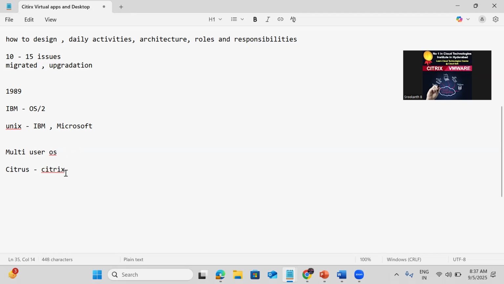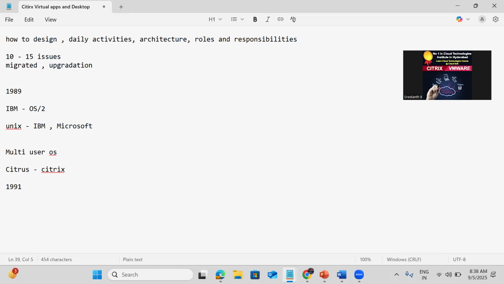Making a multi-user version of which operating system? OS2. After two years, in 1991, Citrix released a multi-user version of OS2.